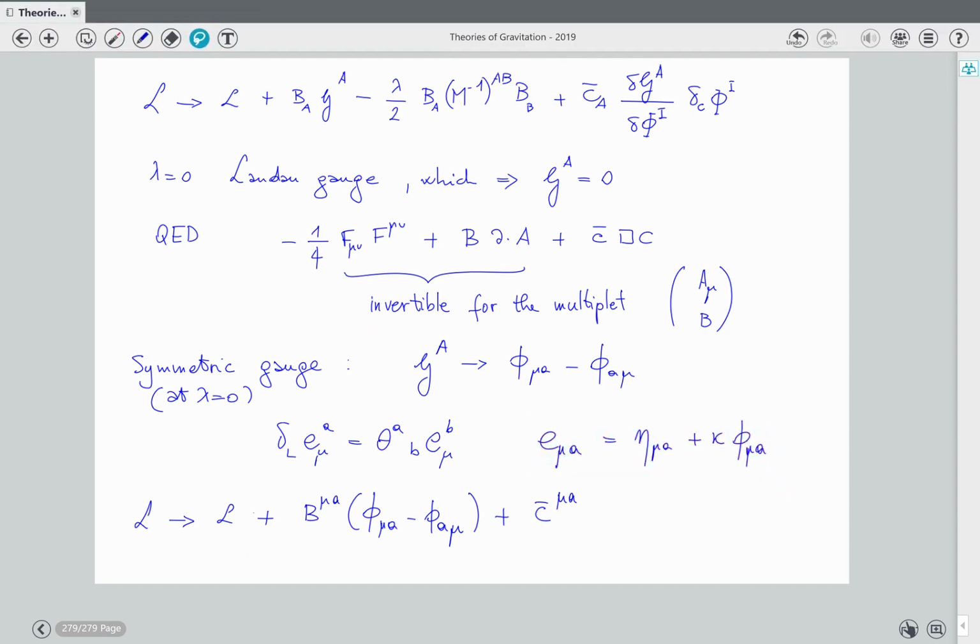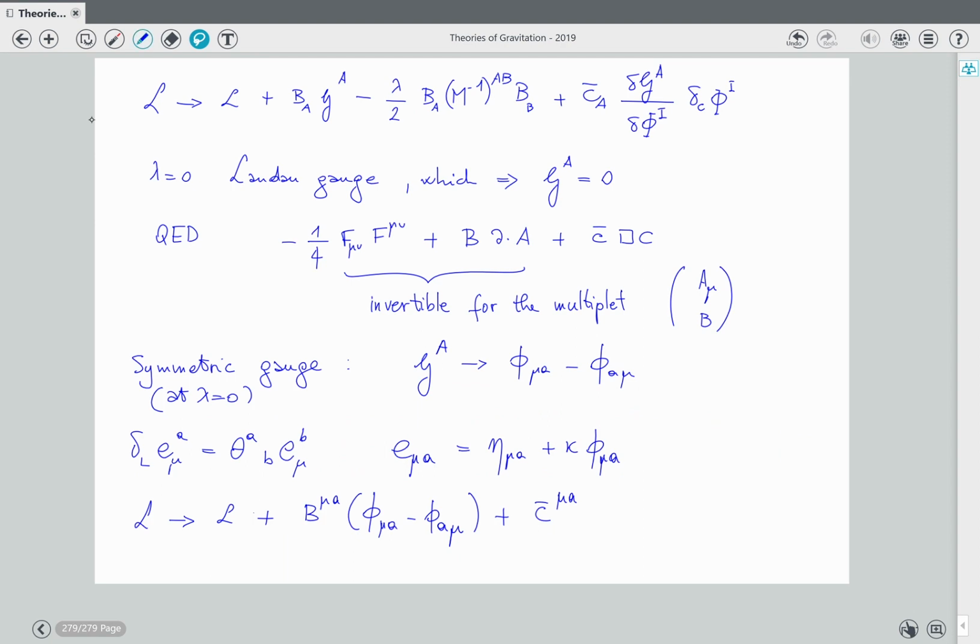Then, what do you have when you replace the flat space expansion here, inside the variation of delta L? Well, you will have delta L of phi A mu A equals ghosts plus higher orders. Why?